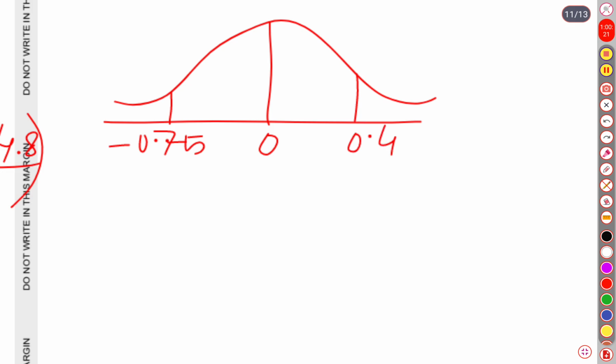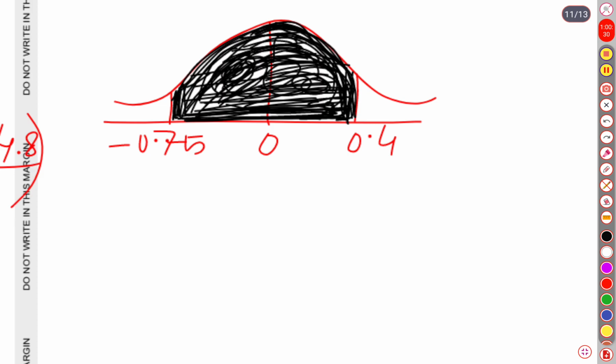So which one is our probability? Our probability is the dark shaded region.